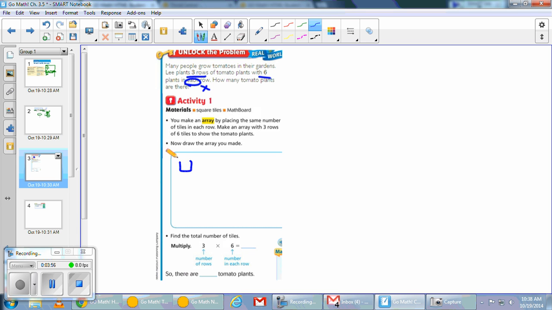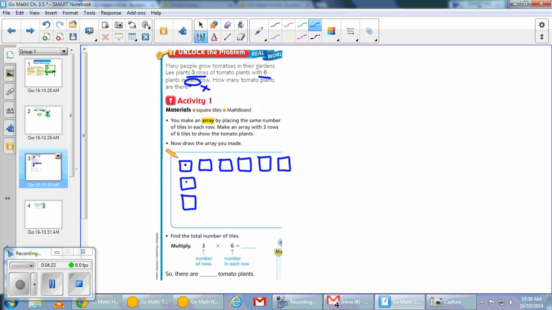Okay, so I'm going to make 3 rows. 6 tiles to show the tomato plants. Now, the tricky part is to make sure that when you do your 6, you already count the one that you did here. So you have 1, 2, 3, 4, 5, 6.